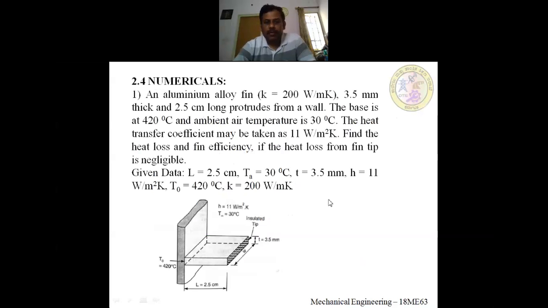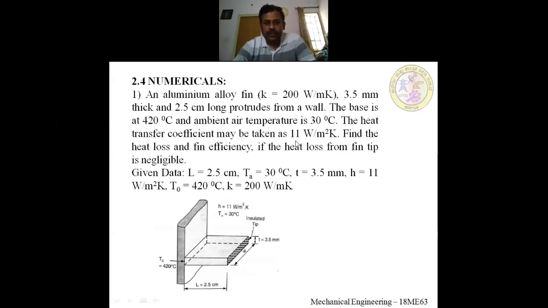So coming to the problem, they have given the fin having thermal conductivity 200, and the thickness 3.5 mm, and the 2.5 centimeter length of the fin also they have given. It's a rectangular cross-section fin, because whenever they give thickness, length and width, it means it is a rectangular cross-section fin. Ambient temperature TA they have given.